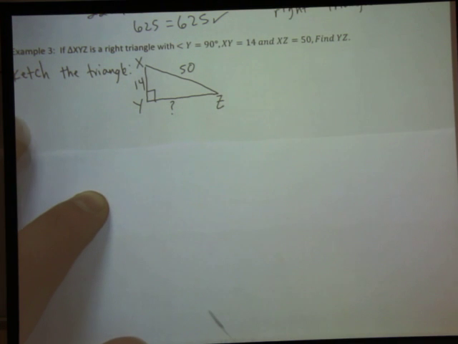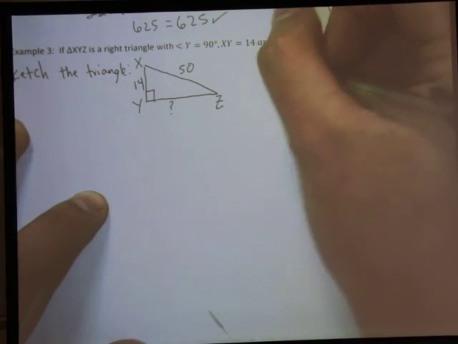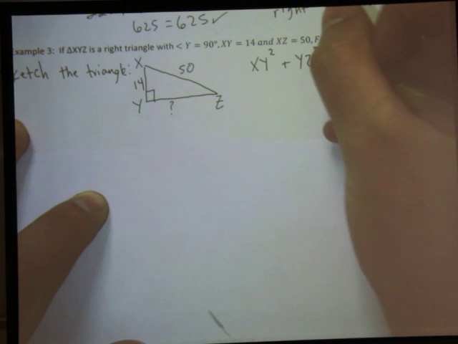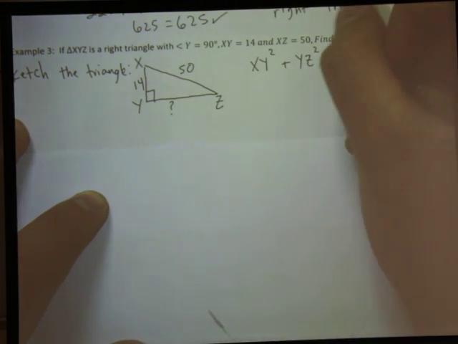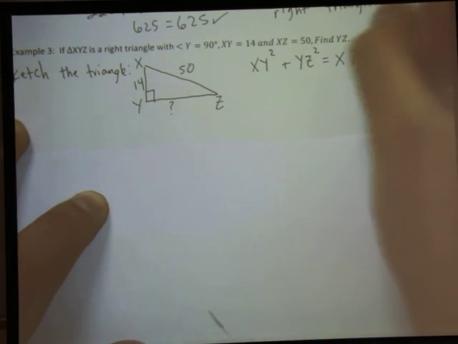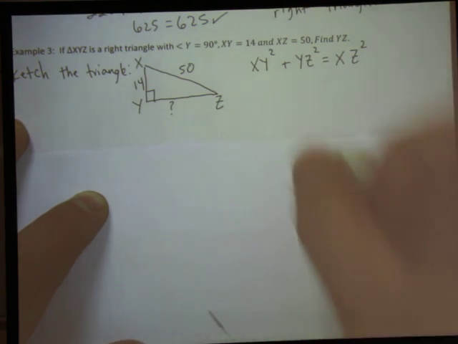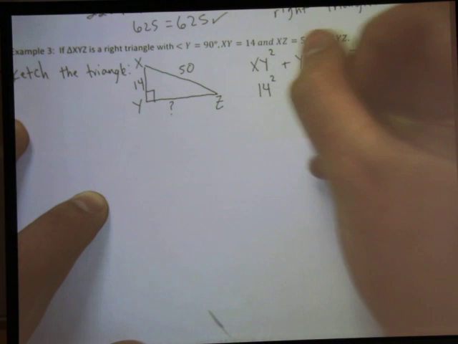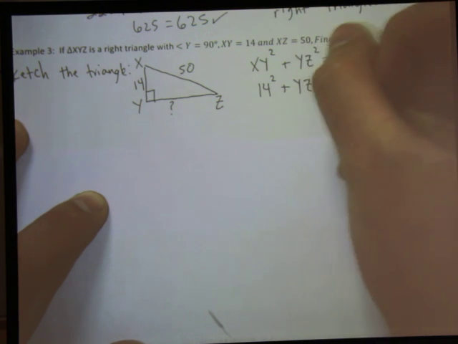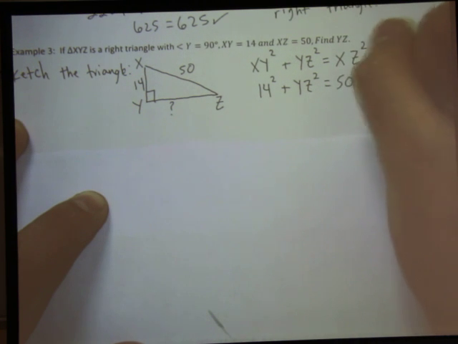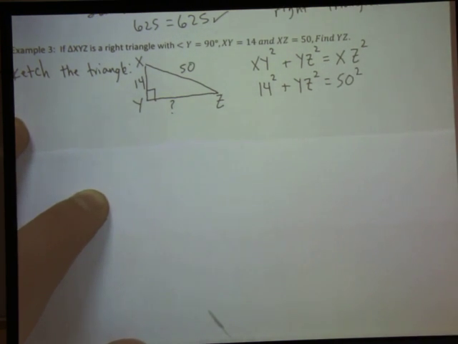So we'll set up the equation for the Pythagorean theorem and solve: side XY squared plus side YZ squared equals side XZ squared. I know XY was 14, so I'll plug that in. YZ is what I'm trying to find, and finally XZ was 50. So let's solve for YZ.